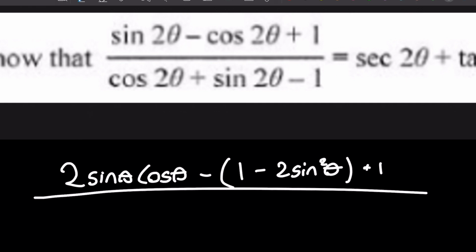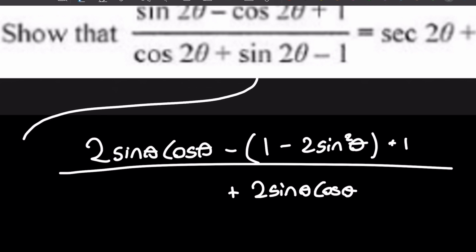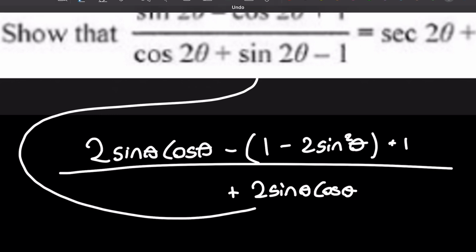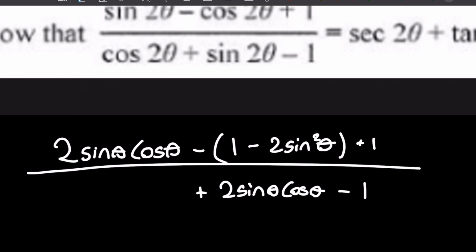Now in the denominator, we're going to have plus, I'll just do the sine 2 theta for 1 first. So we'll have 2 sine theta cos theta. If you don't know where this is coming from, I'm just expanding this one first because it's easier, because cos 2 theta has 3 options. And that's a bit harder to know which one to go for. Okay, so which one could we use here?